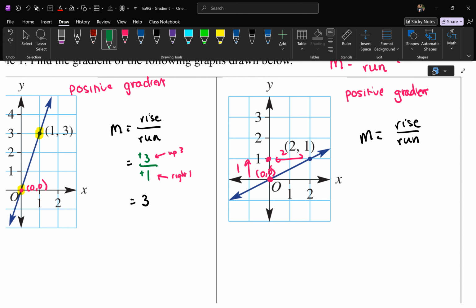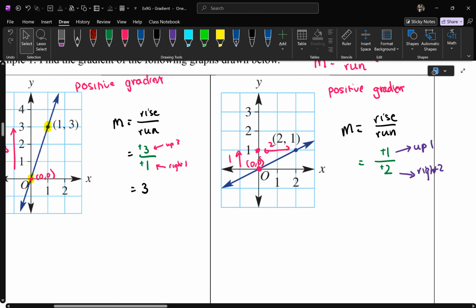Rise over run. I had to rise by +1, so I had to go up by 1. And then I had to go to the right by 2. So this is up by 1, right by 2, in order to go from this first point to the next point. So what's my gradient? 1 over 2 is?